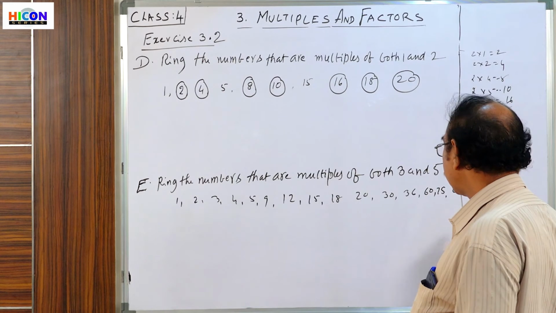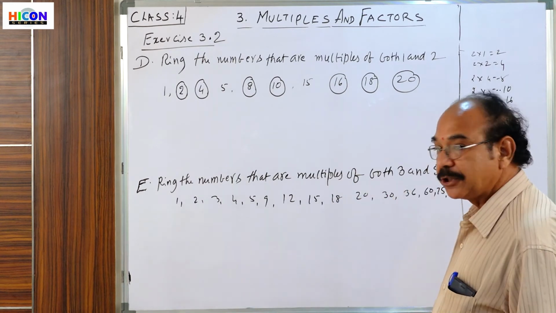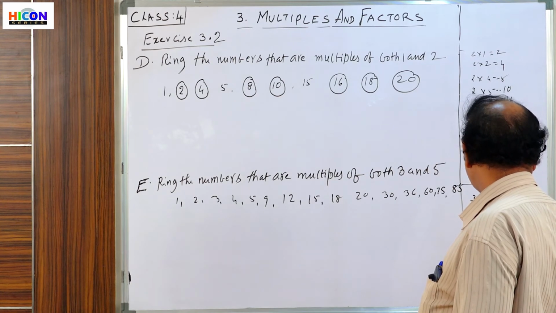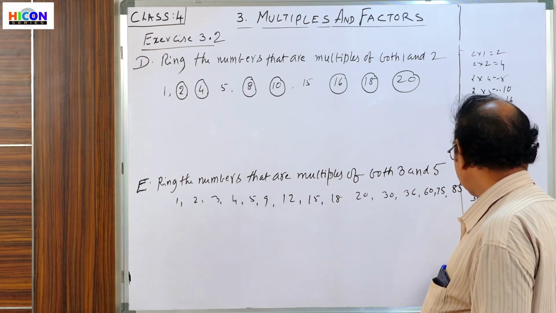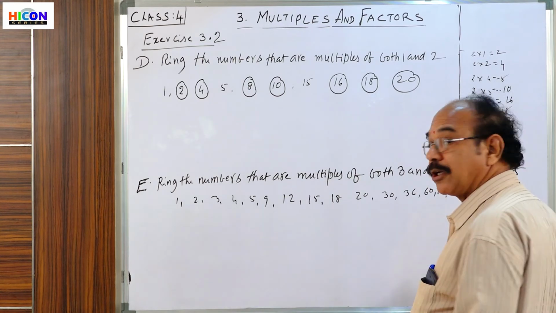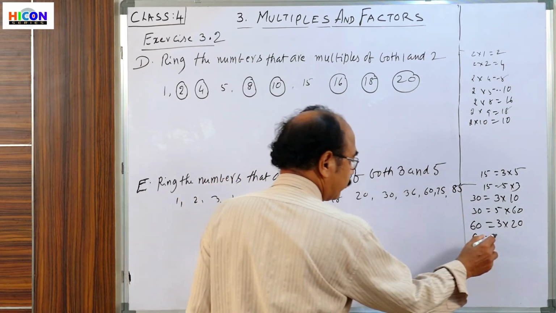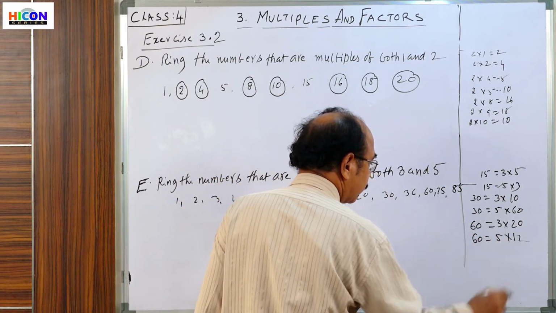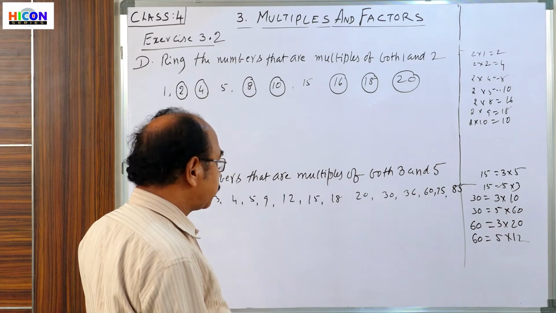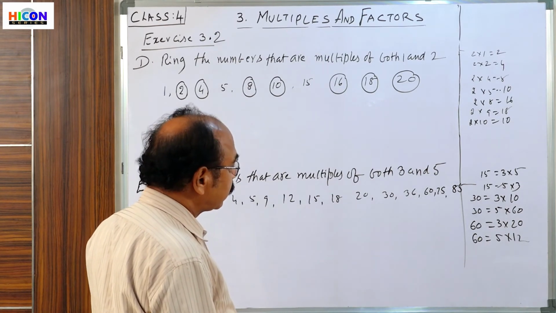In reading the multiplication table of 3, you can get 60. 3 twenties are 60. Now, with the 5 table tell 60, 5 twelves are 60. So, we can mention 60.